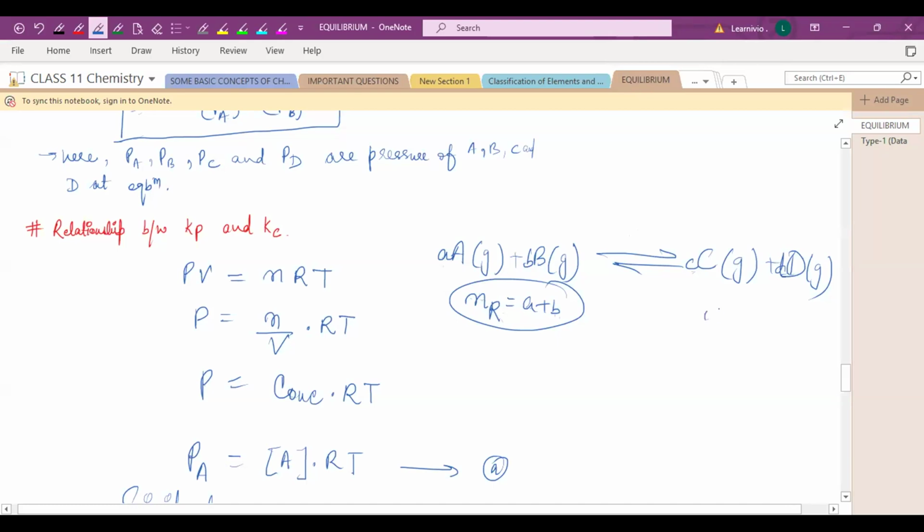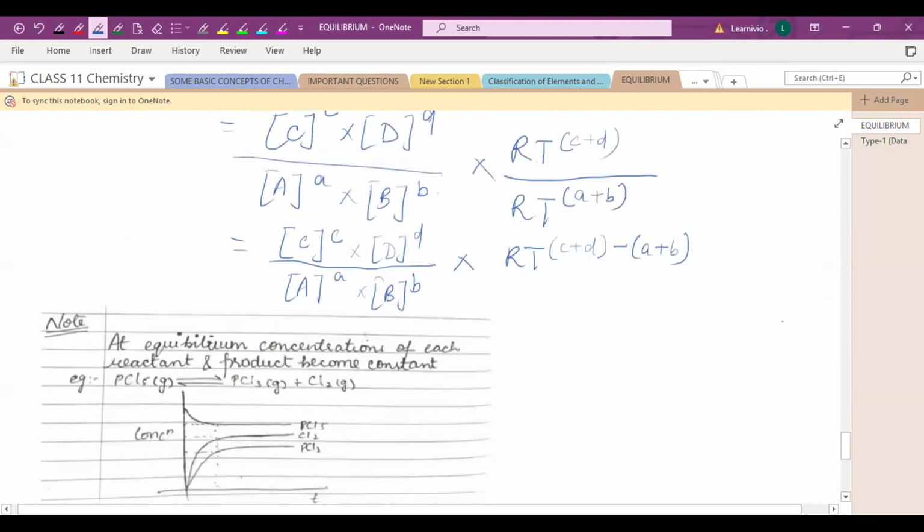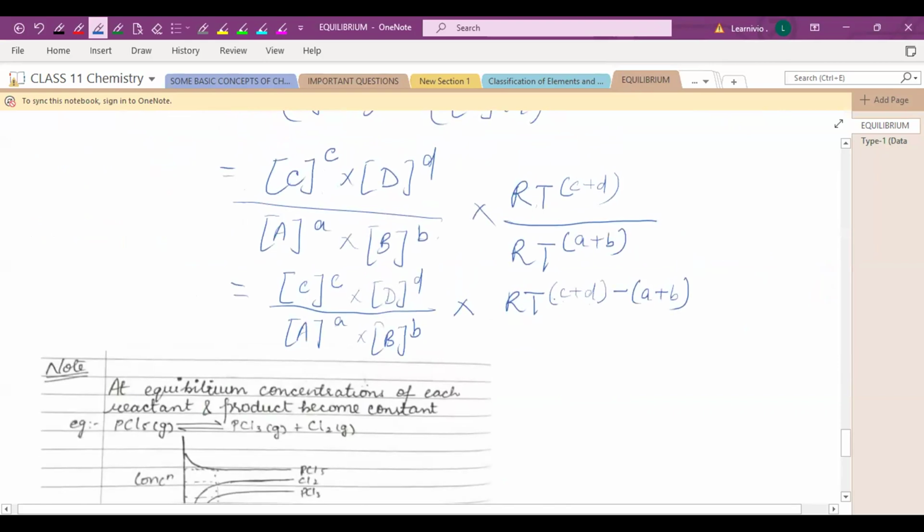And what about this NP? You will represent it by NP, number of moles of product side. So it will be c plus d. Okay, now you got c plus d. What is this? NP, number of moles of product. And this is the number of moles of reactant.